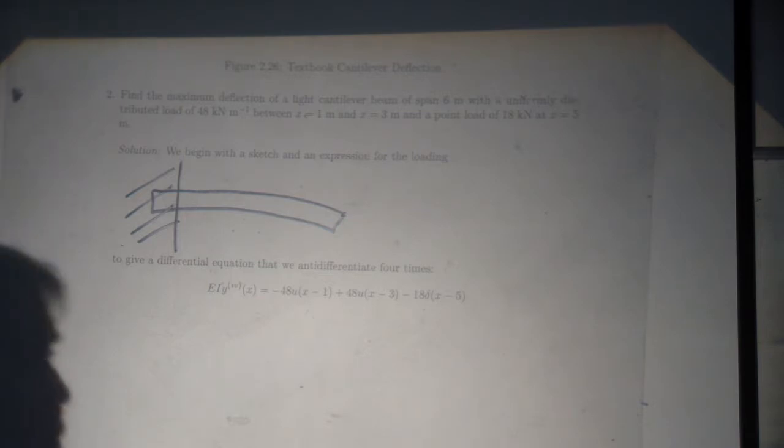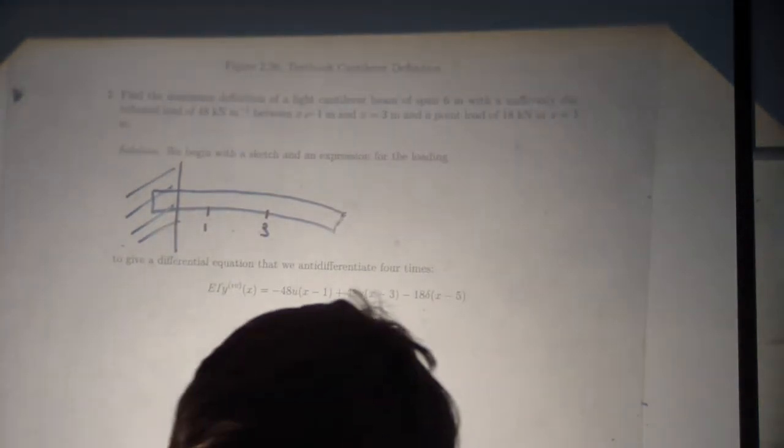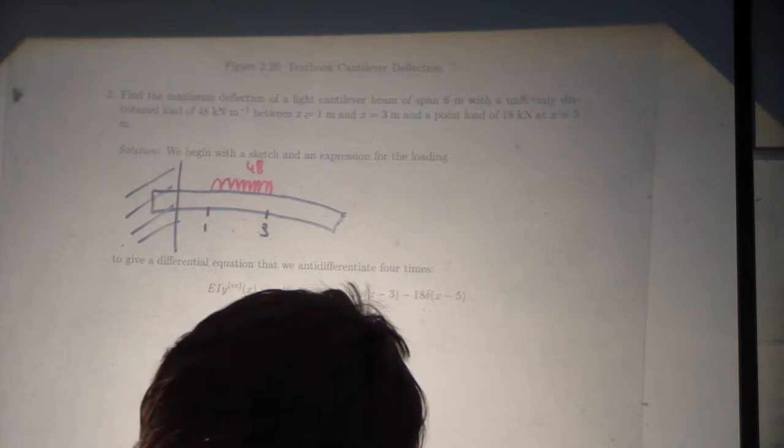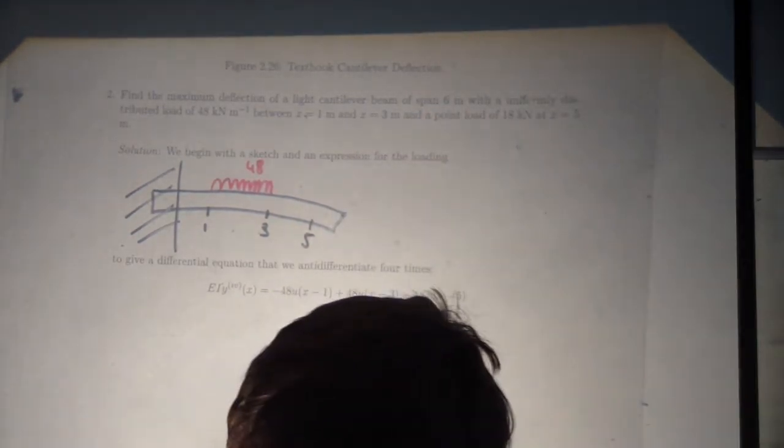Okay. We've got a UDL between 1 and 3, and it has a strength of 48 kilonewtons per meter, and we have a point load at 5 of magnitude 18.